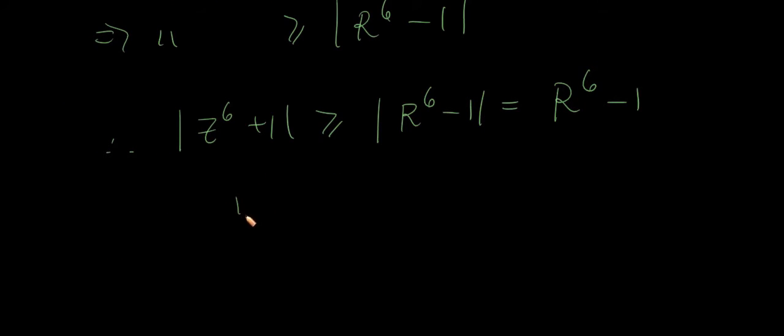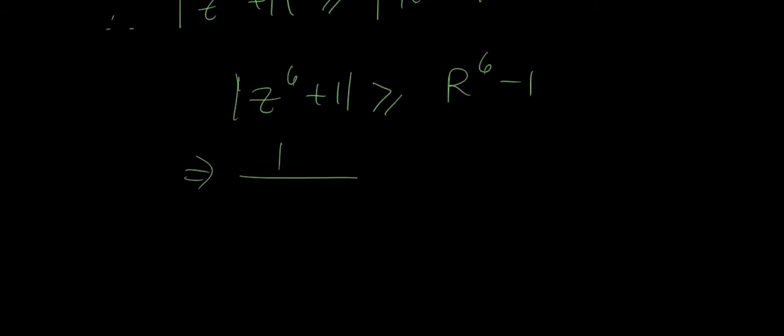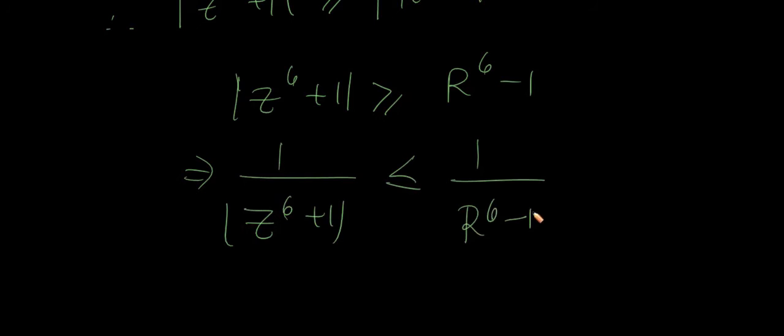Now what you can do, you can take the inverse of both sides. That is, if you write modulus of z to the power 6 plus 1 is greater or equal than r to the power 6 minus 1, you take the inverse of it, 1 upon this thing, then 1 over modulus of z to the power 6 plus 1 should be less or equal than 1 over r to the power 6 minus 1, right?